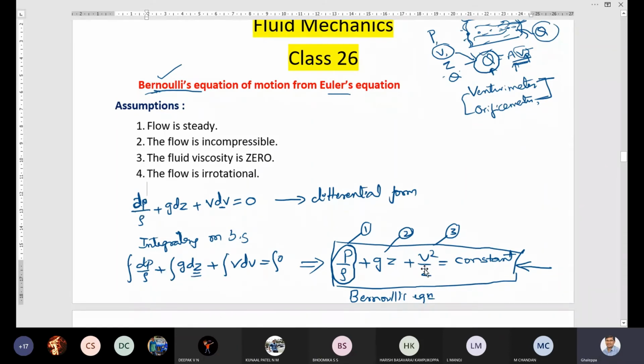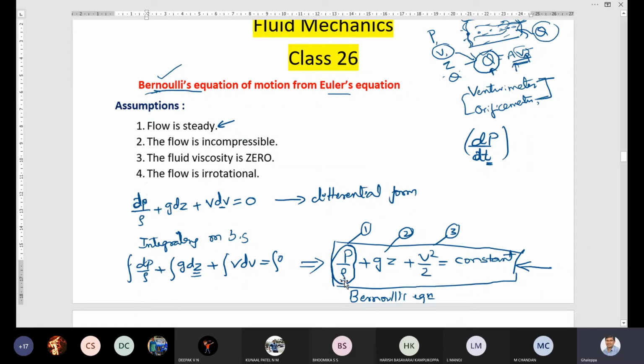Some assumptions we have written here, there are four. What is the first assumption? Flow is steady, means the properties do not change with respect to time. If any property is dP by dt, change in pressure with respect to time, if any energy term in the equation is with respect to time, then you neglect it or take it as zero.